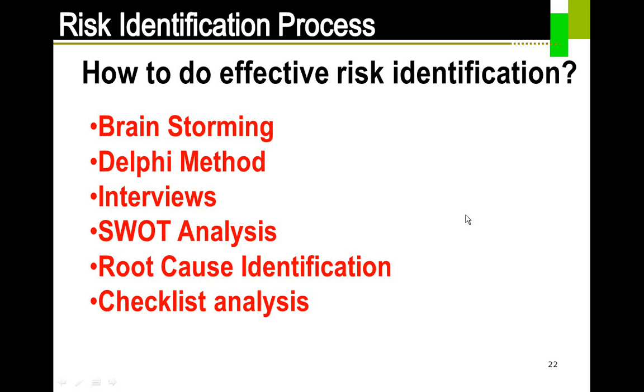Second one is the Delphi method. This is mainly used when we want to get expert opinion. What I mean by this is, suppose your organization is moving, as an example, from Business Objects to, let's say, MicroStrategy, which are both analytical or reporting tools.